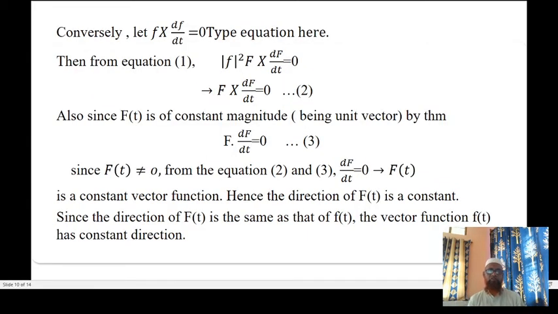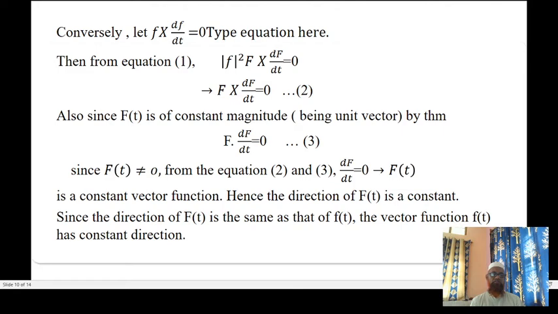Conversely, let f cross df/dt equal 0. Then from equation 1, |f|² into F into df/dt equals 0, or f cross df/dt equals 0, |f| being non-zero.